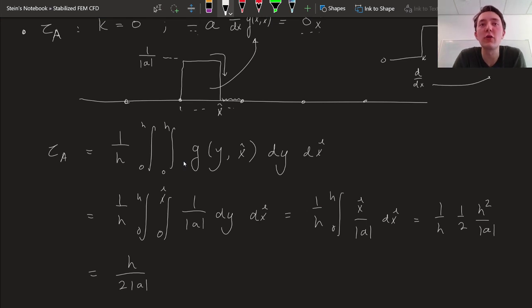So now I encourage you to look back into your notes on stabilized methods when we actually try to choose our parameters. We came up with this choice of parameter, or more specifically the choice h over a, as a choice that ended up working very well. Back then we motivated that from the perspective that when a becomes larger, we had an a cross a in there, so we wanted to cancel one of the a's.